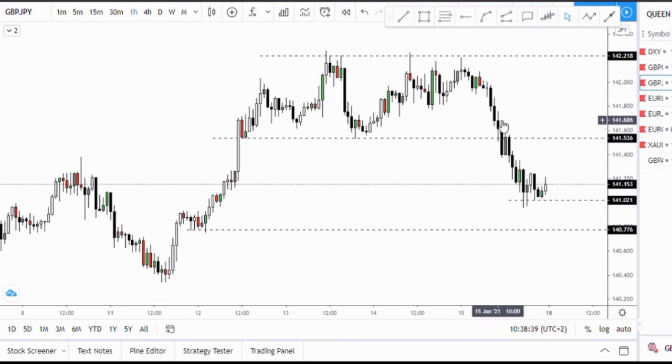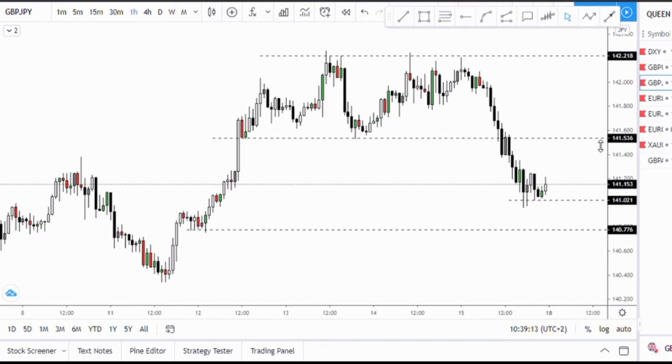If price had come down, retested, maybe come down, and then it comes back up, firstly back into the range and above the opening of London session, then I would expect price to continue going higher. I am not only expecting price to continue going higher based on the opening price of London session, but I'm expecting price to continue higher based on the market structure.